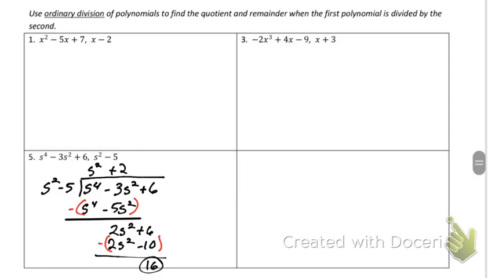So maybe an example I might do is, let me check real quick. Yeah, I think this would work. If I did s to the 6th plus 5, x to the 3rd minus 6, I could divide that by s to the 3rd minus 4 because the power between s to the 3rd, s to the 6th would be a skip of 3, kind of.